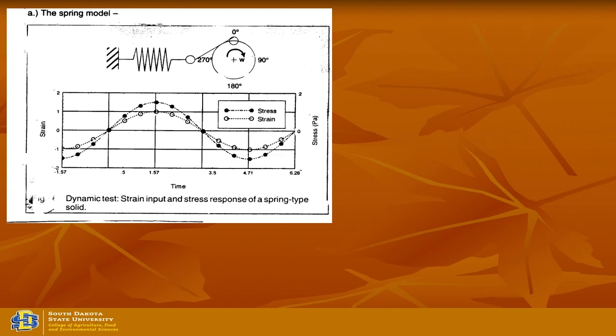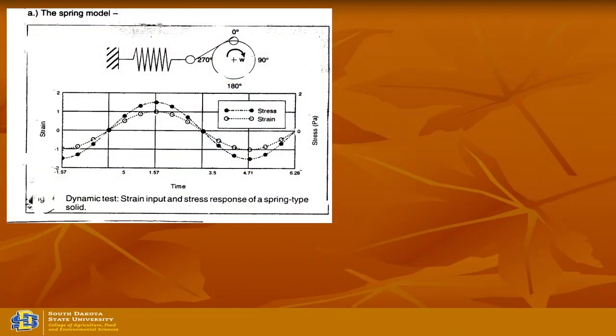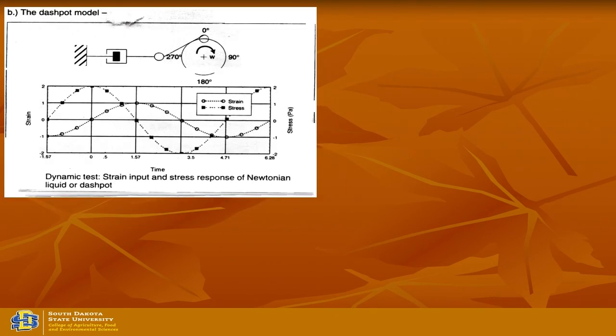For the pure elastic model, the stress and strain are in phase. They just follow the same sinusoidal form, both the strain input and stress output for the pure elastic model. But that's not the case with the viscous model, where strain and stress are 90 degrees apart.